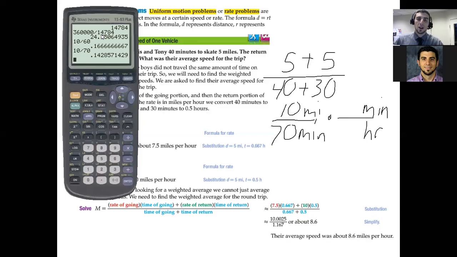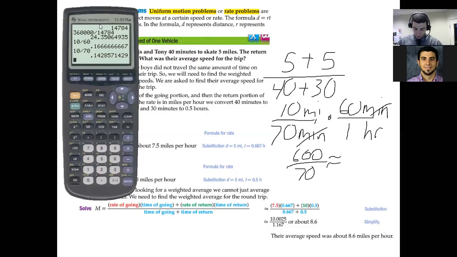Anyway, back to converting the miles per minute to miles per hour. You know that there's 60 minutes in an hour, so where does the 60 go? Well, since we need to cancel out the minutes, the conversion factor needs to go in the numerator so that these cross cancel. So it's going to be 60 over 1. So if you multiply straight across, you would get 600 over 70.